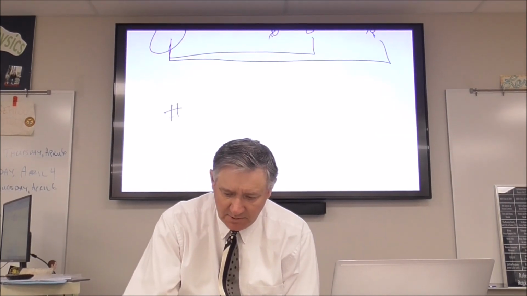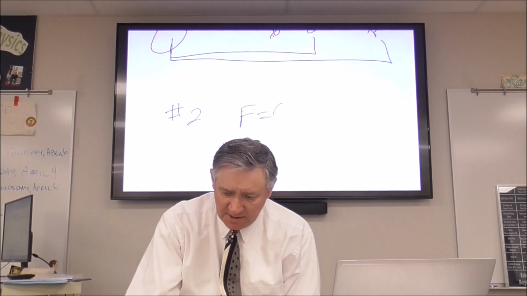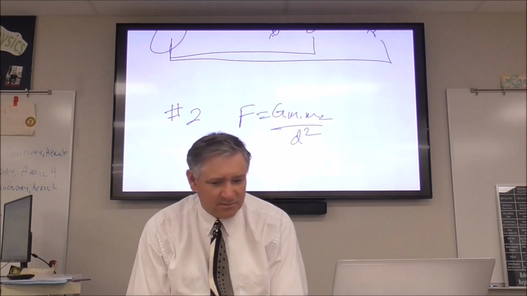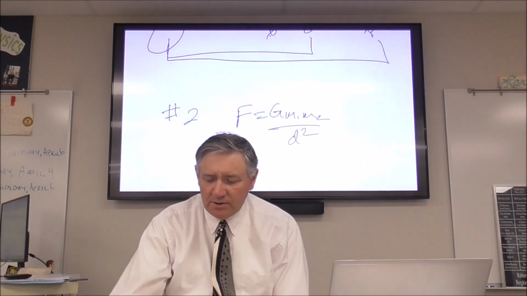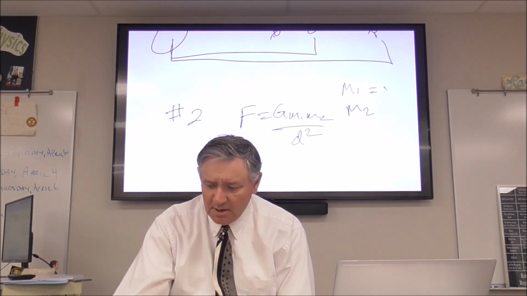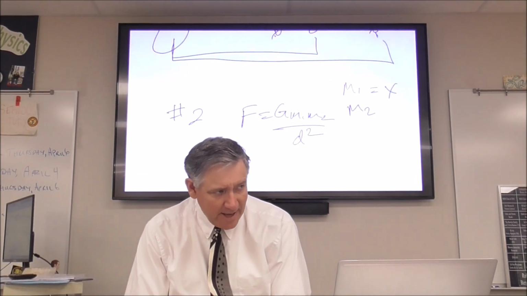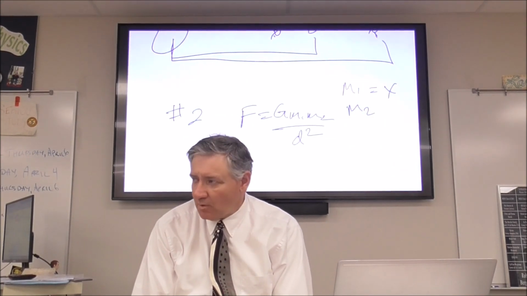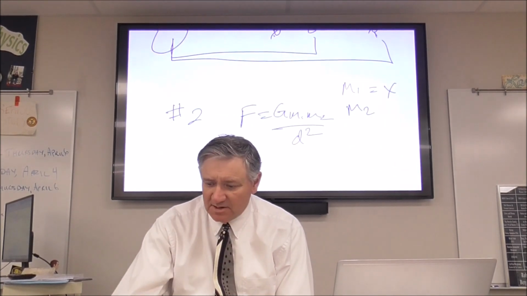So in number 2, you want to start with F equals big G, M1, M2 over distance squared. Okay, start with that. Now, you have 2 masses. You have mass 1 and you have mass 2. So if you let mass 1 equal x, what is mass 2 going to equal? Why? Yeah, because they're identical.